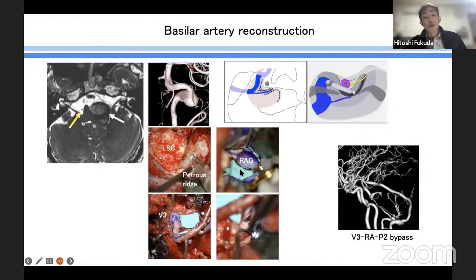After the P2 portion is secured, radial artery graft is anastomosed with P2 portion, and the proximal end to V3 extracranial vertebral artery. After the bypass is completed, the proximal vertebral artery is clipped. So this is a final view of V3 RA P2 bypass together with proximal clipping.